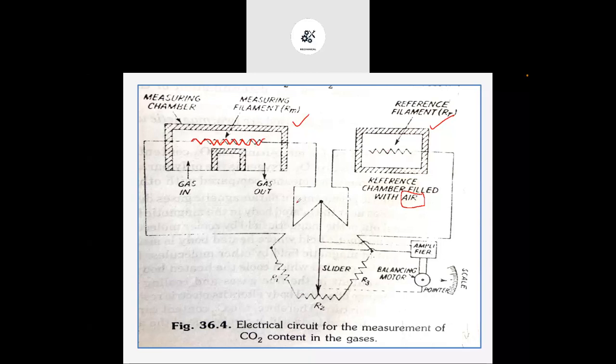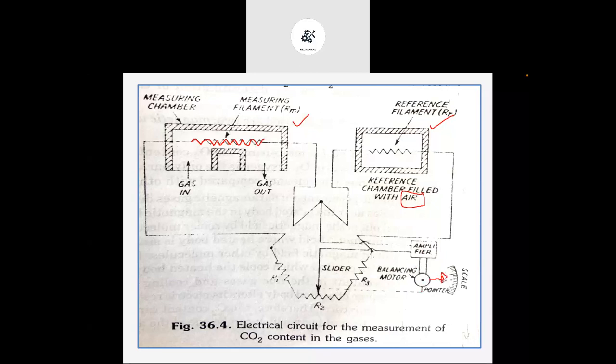Similarly, here also there is a tungsten filament, and these have been joined inside the Wheatstone bridge circuit, which contains the different resistances R1, R2, R3, R4, and R5.